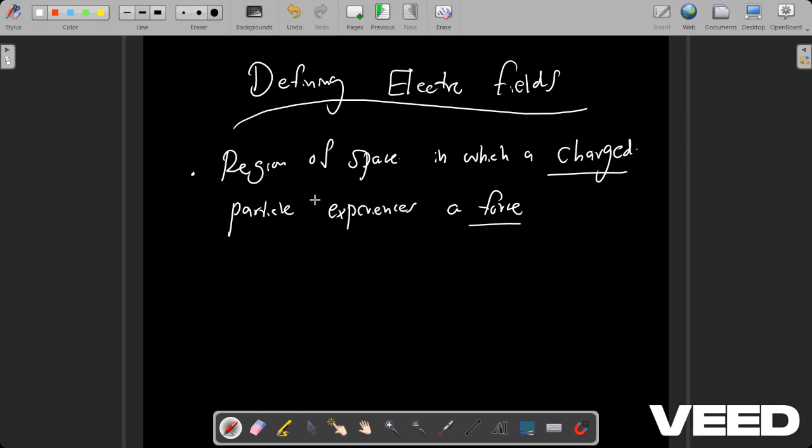An electric field is a region of space in which a charged particle experiences a force, right?